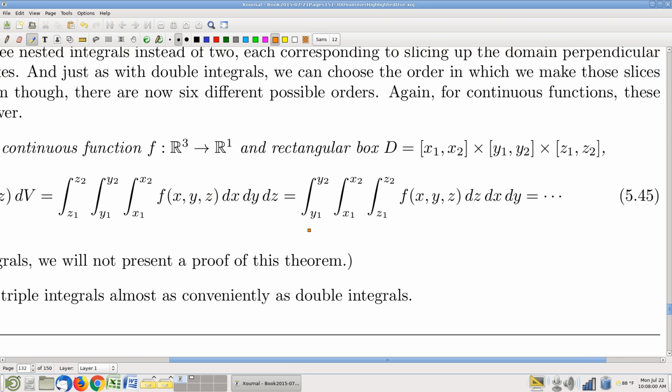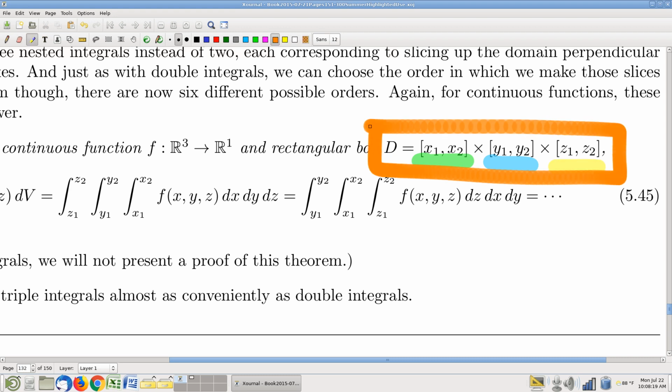notice that the bounds go along with the variables. So recall that for our domain, here we have the x shadow, the y shadow, and the z shadow. This thing here is our whole domain. The bounds go along with these shadows.